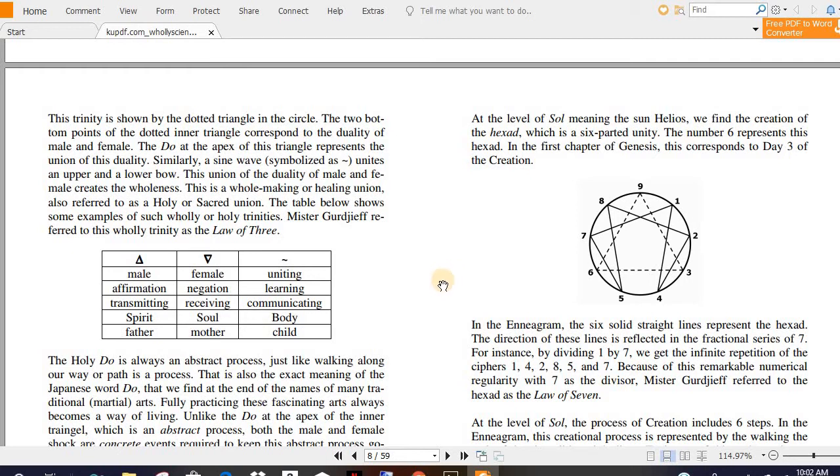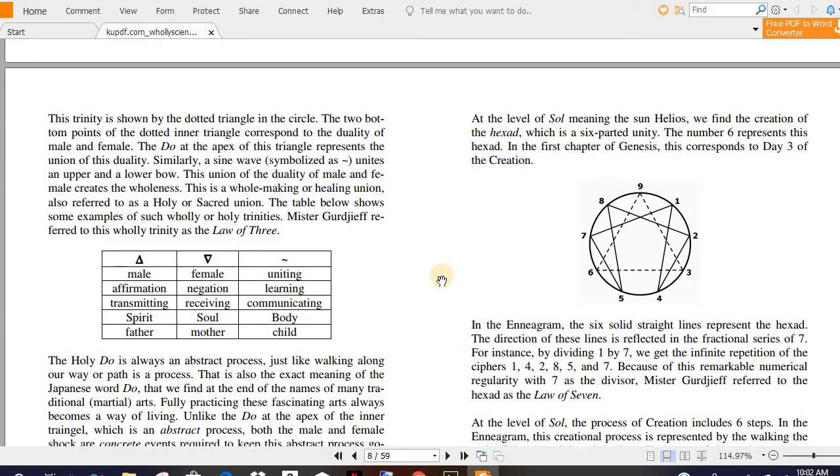The do at the apex of this triangle represents the union of this duality. Similarly, the sine wave, or psi, symbolized as a tilde, unites an upper and lower bow.